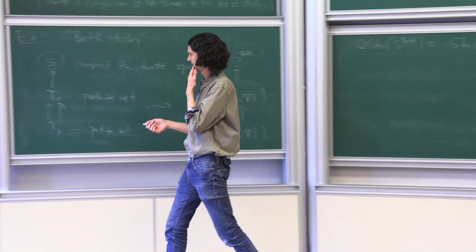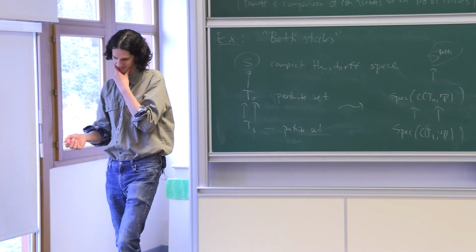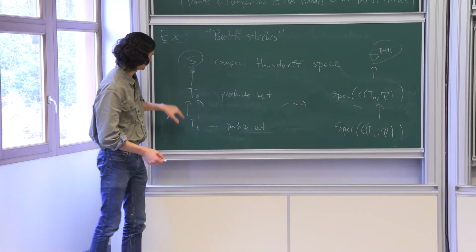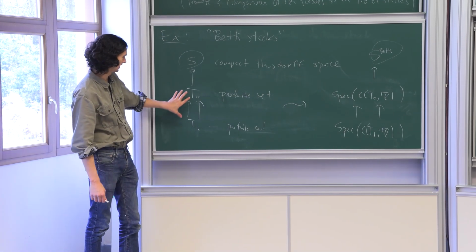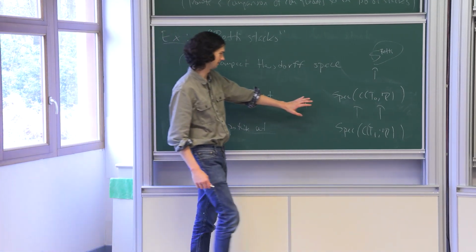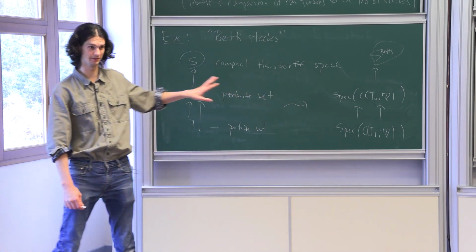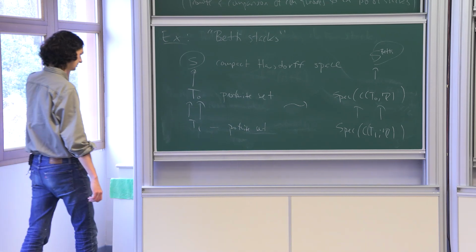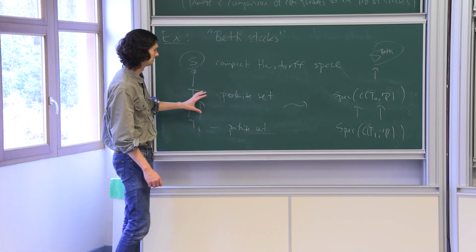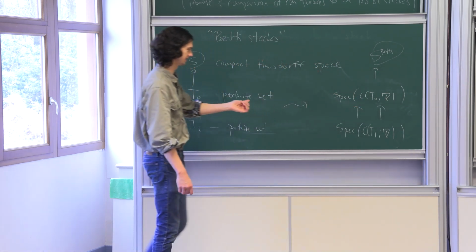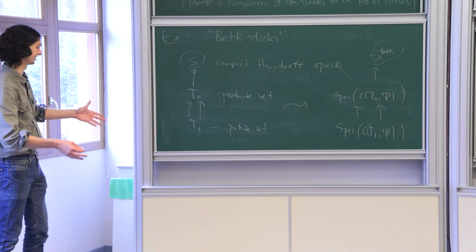What you have to check to see that is that if you have a surjective map of profinite sets, then it goes to a faithfully flat map on the level of continuous functions. That's not that hard to do. These things are just filtered colimits of continuous functions on finite sets, which are products of copies of Z as a ring.